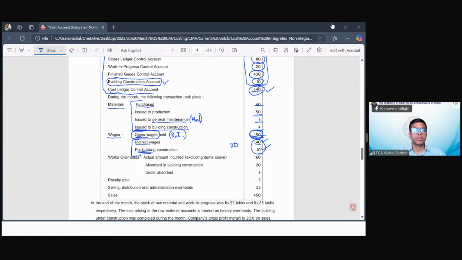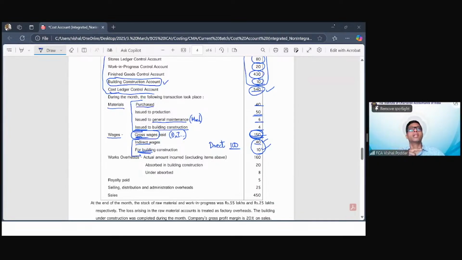So, students, you have to understand in wages, the first and the most important part is the direct wages. So this 100, which is not given in the question, has to be representing the direct wages. Once I identify the transaction, now everybody knows what will be the posting. I again repeat, the problem is not with accounting or not understanding what is debit credit.